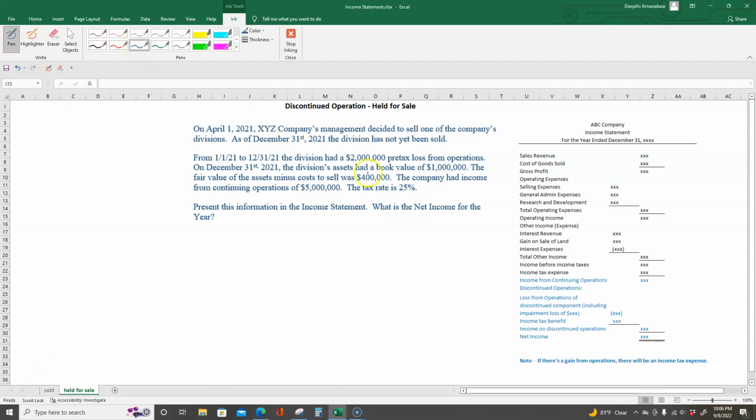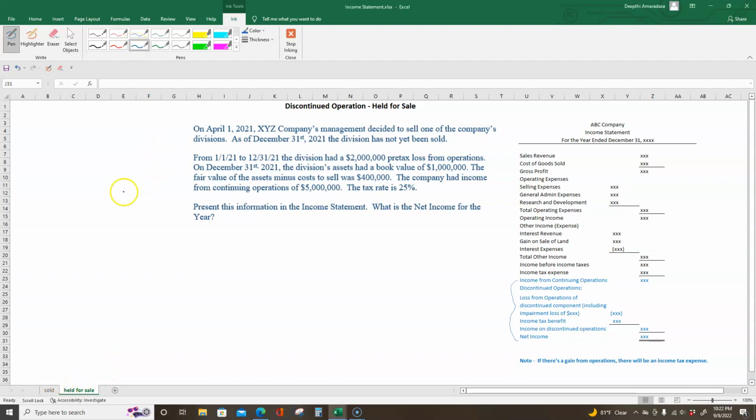So here on the left, I've posted the format of the income statement. Again, it starts on the top with sales revenue, comes to income from continuing operations, and then shows discontinued operations. This is the portion that we're going to be looking at. Before we prepare the bottom part of the income statement, let's first calculate the discontinued operations figures.